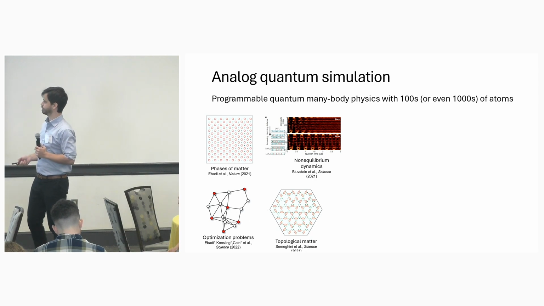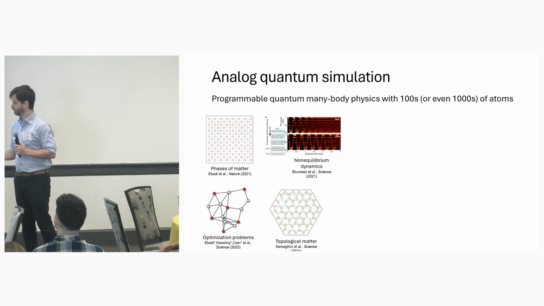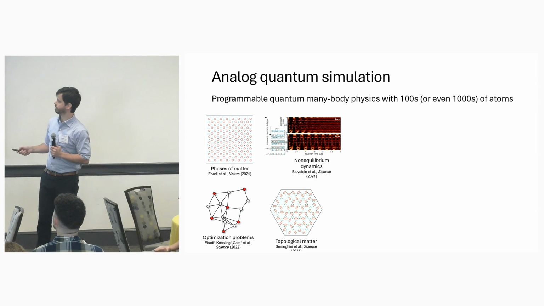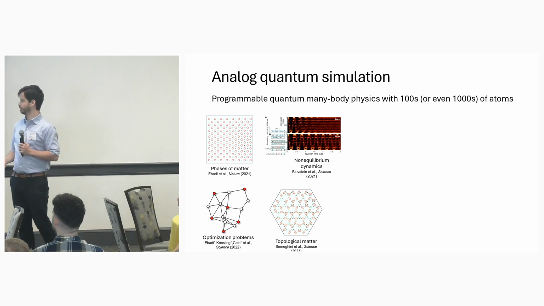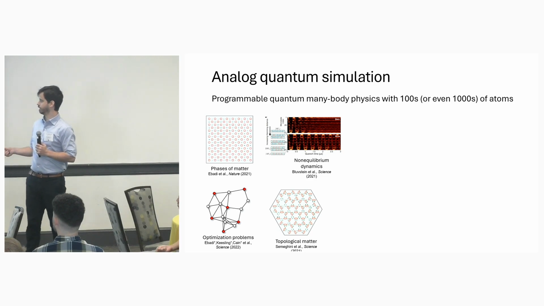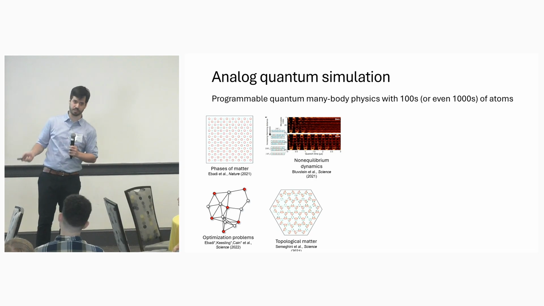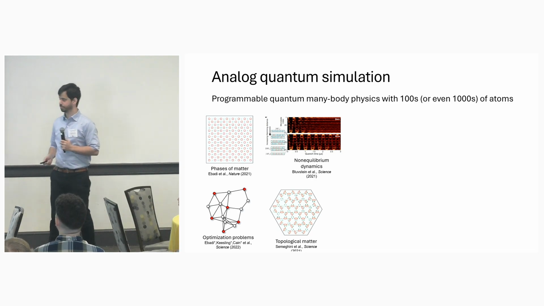These are just some examples from the last few years: exploring quantum phases of matter in 2D, looking at non-equilibrium dynamics, and specifically many-body quantum scars and their stabilization, trying to solve combinatorial optimization problems, this is with Eddie and very much inspired by his work, and looking at exotic states of matter, spin liquids, and topological states of matter.